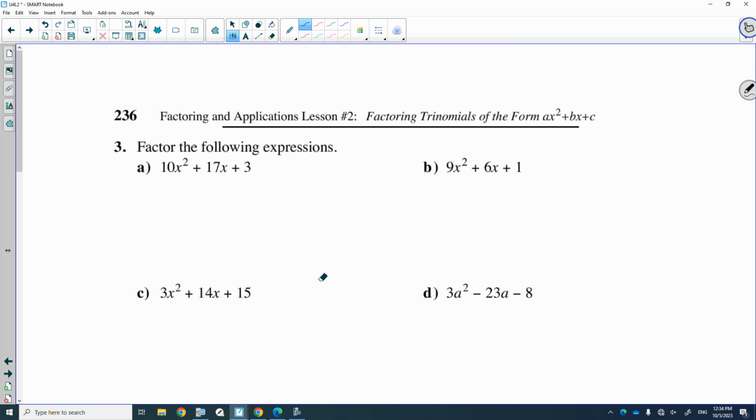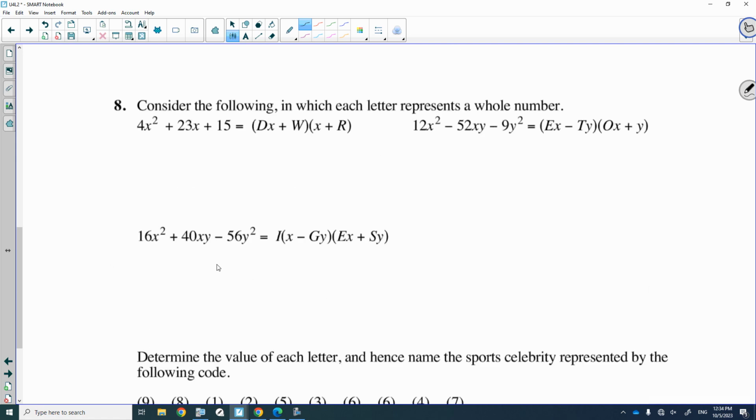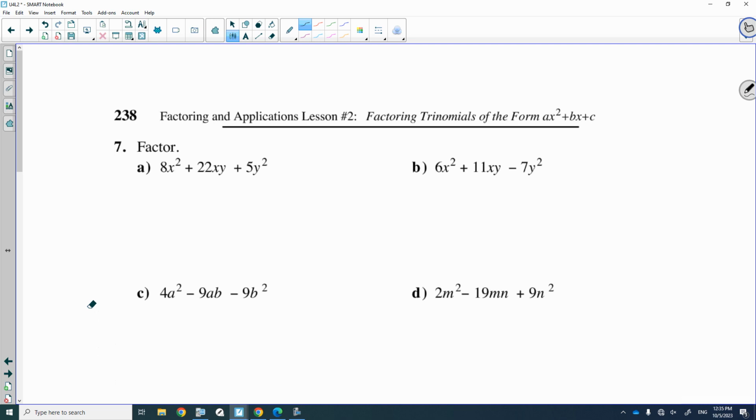Okay, so let's look at question 3. Let's do A, D. For number 3. And then I want to find ones that look more like number 7.